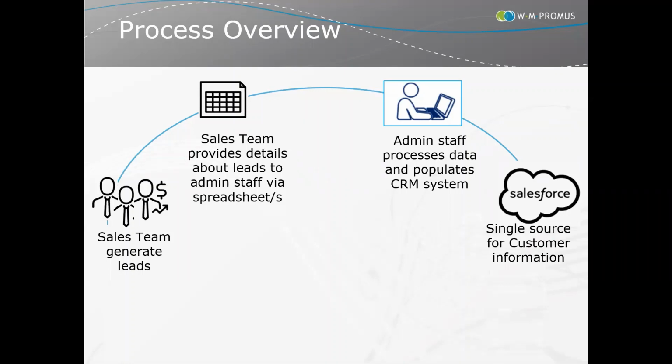So the process starts from the left, and it begins by the sales team from the organization getting new leads from multiple sources. It could either be phone, email, face-to-face meetings.